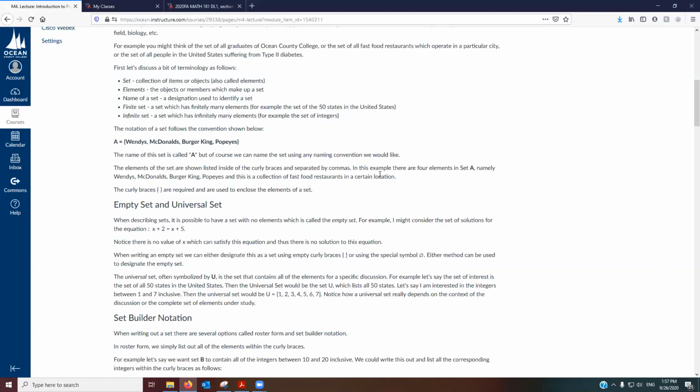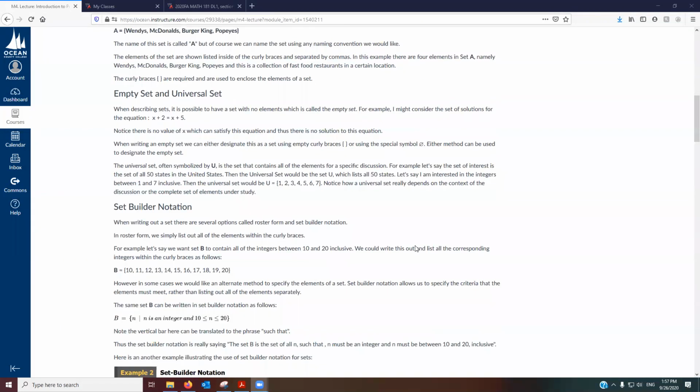So I might write a set, and I could use any name I want to write the set. And we use what are called curly braces to denote the set. Let me scroll down here a little bit to give an example. Let's say I wanted to list out the set of integers from 10 to 20.